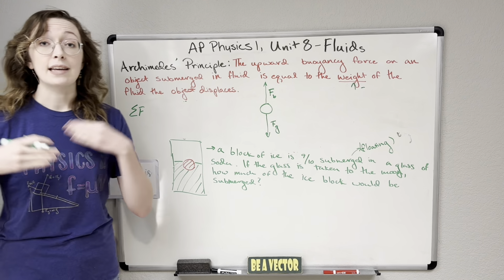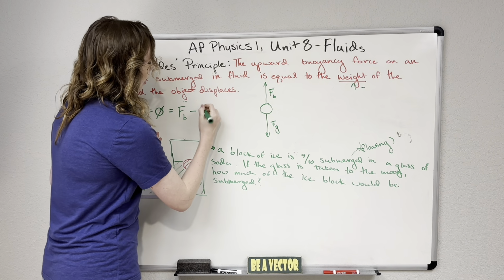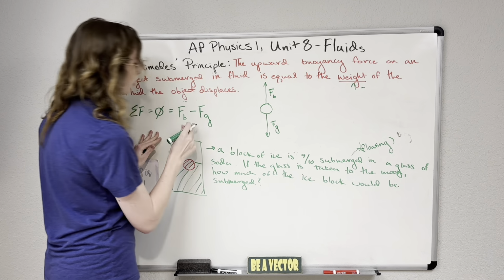The net force is the same as the sum of our two forces, so I have the buoyancy force pointing upward, and then I have the force of gravity pulling downward, so I subtracted it because it's going in the opposite direction. I can rearrange this little equation, and I end up getting that the force of gravity is equal in magnitude to the buoyancy force.